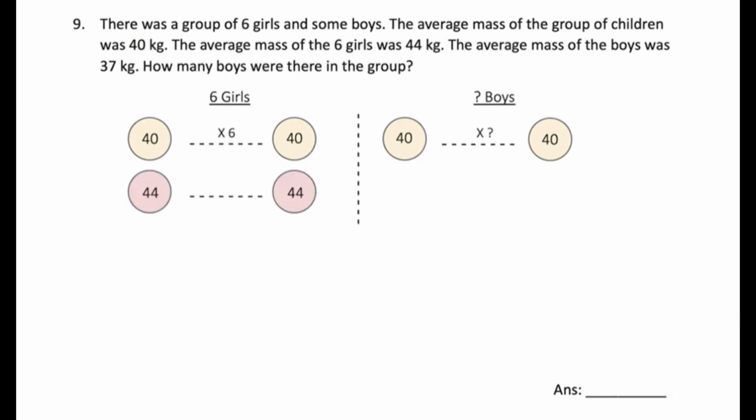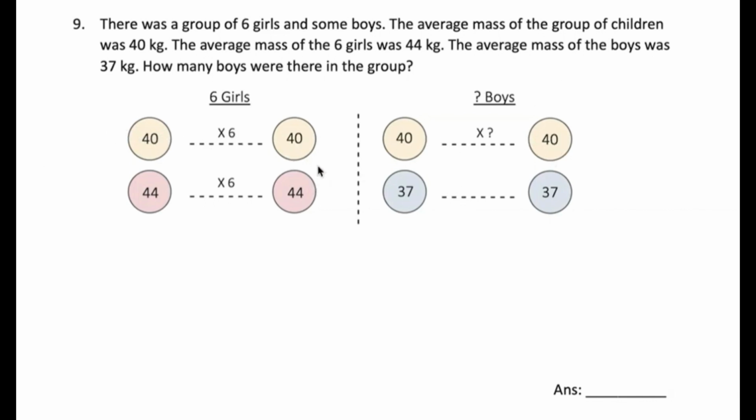Now, if I look at this, you will notice the first scenario and the second scenario, okay, the average mass of the boys is 37. The total of the first scenario, where we are looking at the average of all the children, is 40.